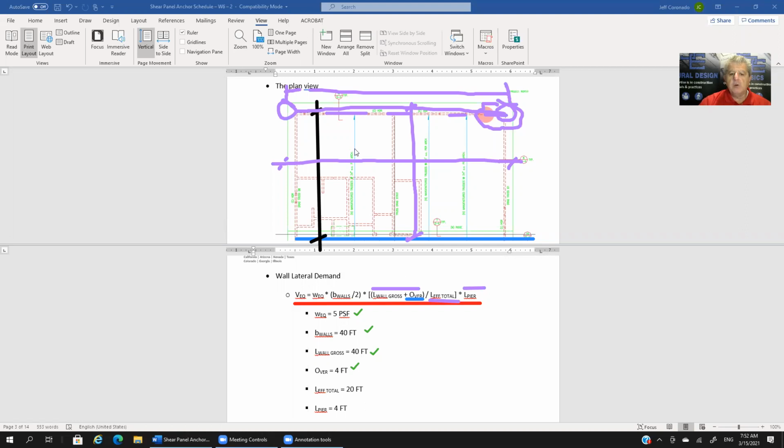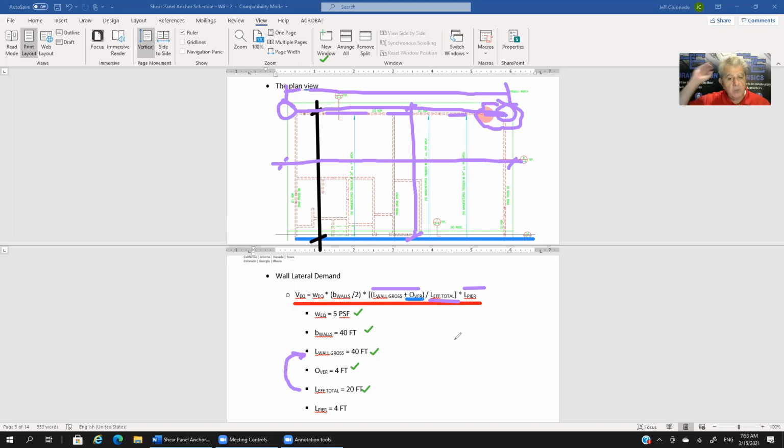The L effective total, meaning the wall piers, the individual wall piers, is a number that would be equal to or less than your L wall gross, depending on whether there are openings in that wall.